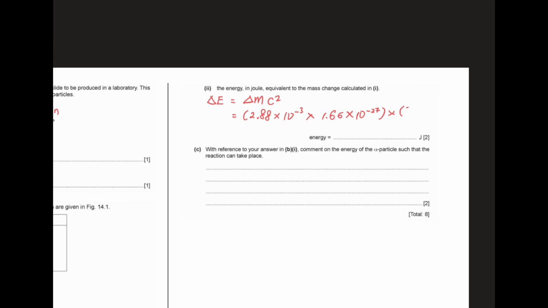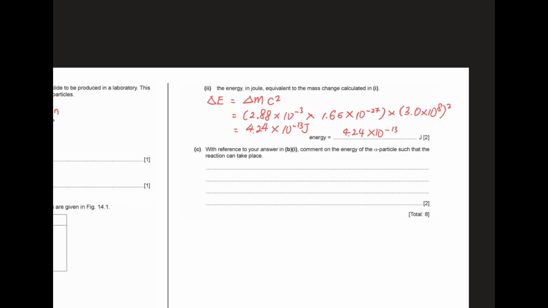The speed of light is 3.0 times 10 to the power of 8, and you square it. Then you get the energy in joules, 4.24 times 10 to the power of negative 13 joules. Okay, so this is the energy in joules.